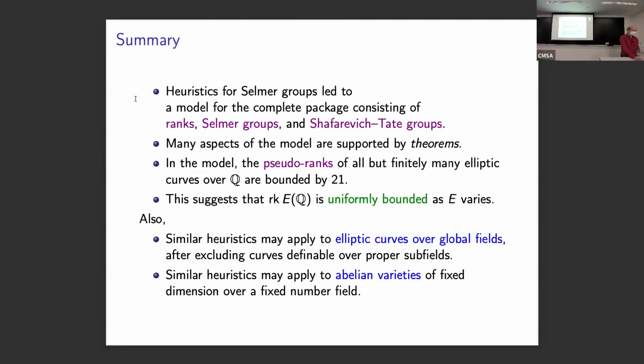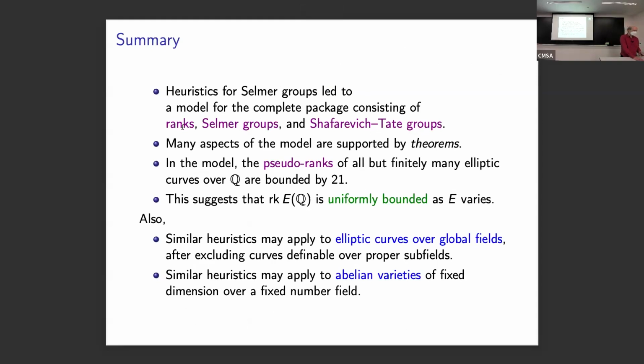I've gotten into quite a few technical details, but to summarize, we defined Selmer groups, and then the heuristics for those gave a probabilistic linear algebra model for a complete package, capable of predicting not just the Selmer groups but also the ranks and Shafarevich-Tate groups.